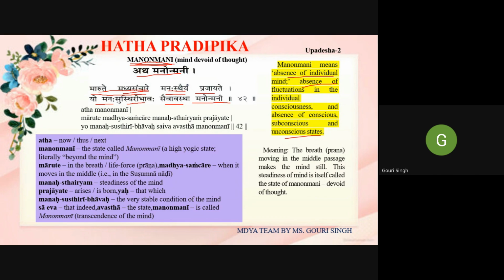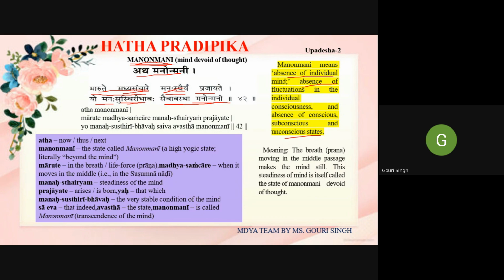Manastarya means the steadiness of the mind, or by controlling the mind, one is able to flow the prana in the Susumna Nadi. Prajayate means the air flows in the Susumna Nadi. Sthiri Bhavaha means the steadiness of the mind. This state of mind is called Manomani Avastha.